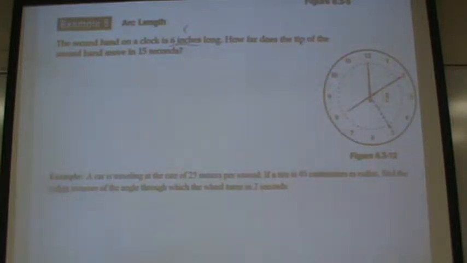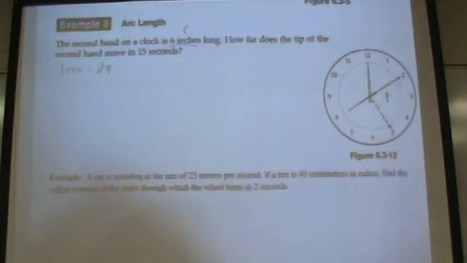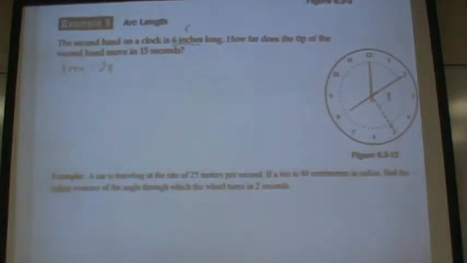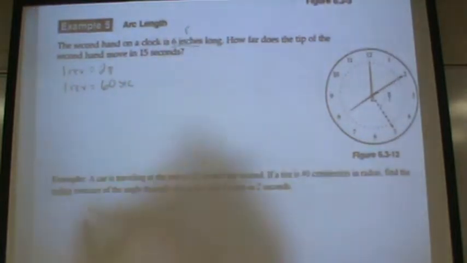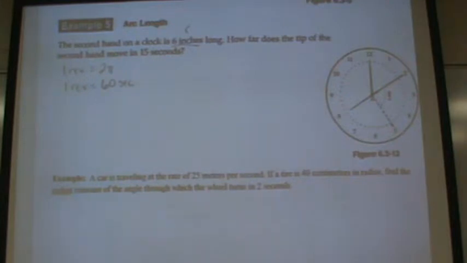So we need to think about what we know. We know that one revolution equals 2 pi. For any circle, if you go around the whole circle, you've gone around 2 pi. And for a clock, we also know that one revolution equals 60 seconds for the second hand.